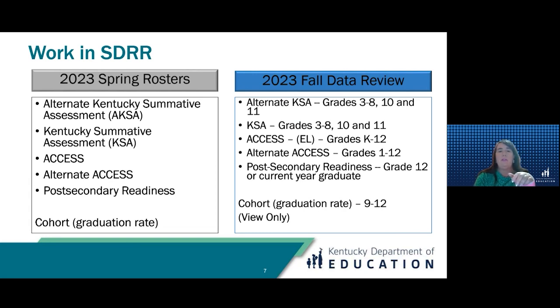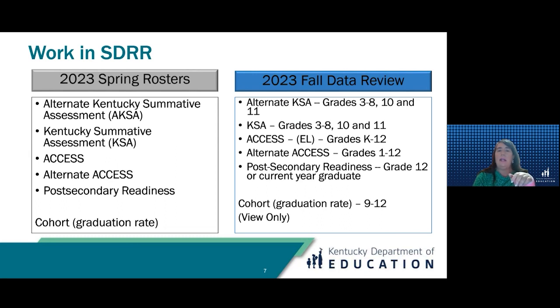Those students will be pre-populated during this time, as well as your AKSA, your KSA, alternate access, and your post-secondary readiness. Cohort graduation rate will also be available on a separate tab with your spring rosters.